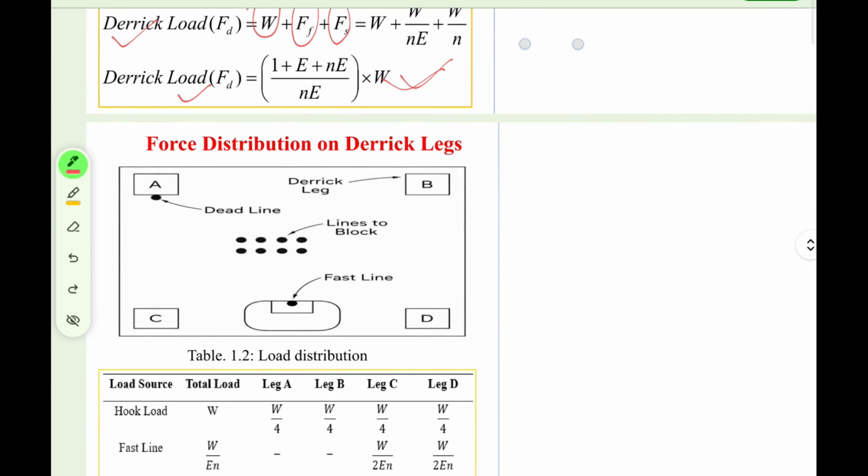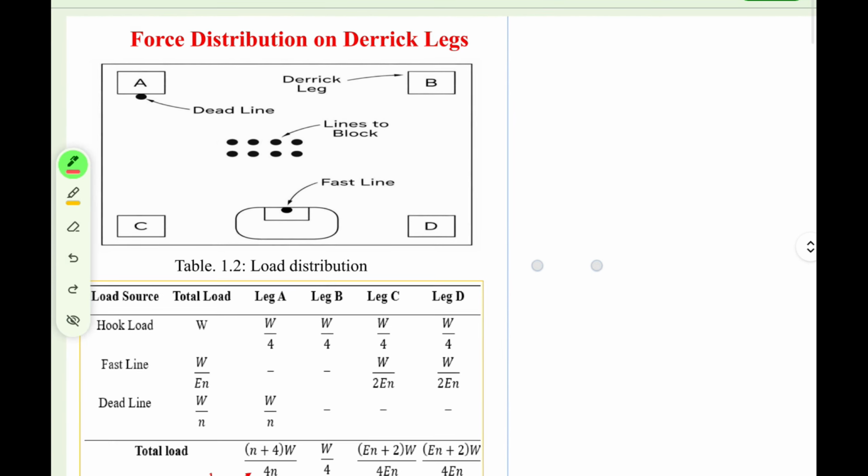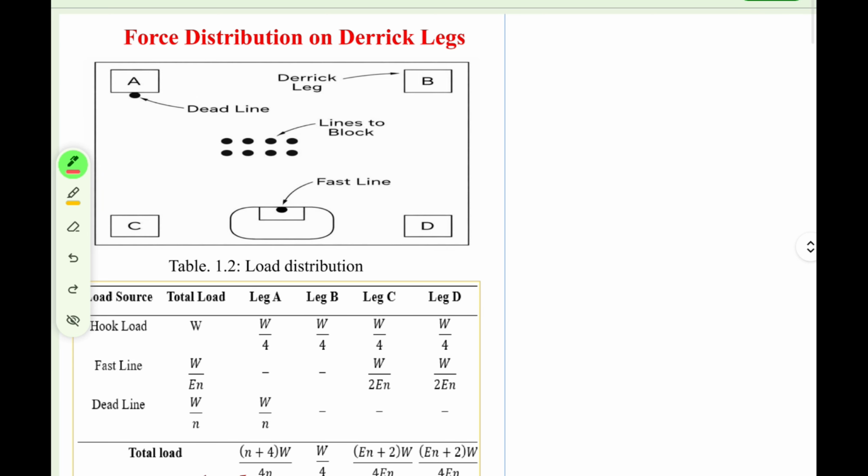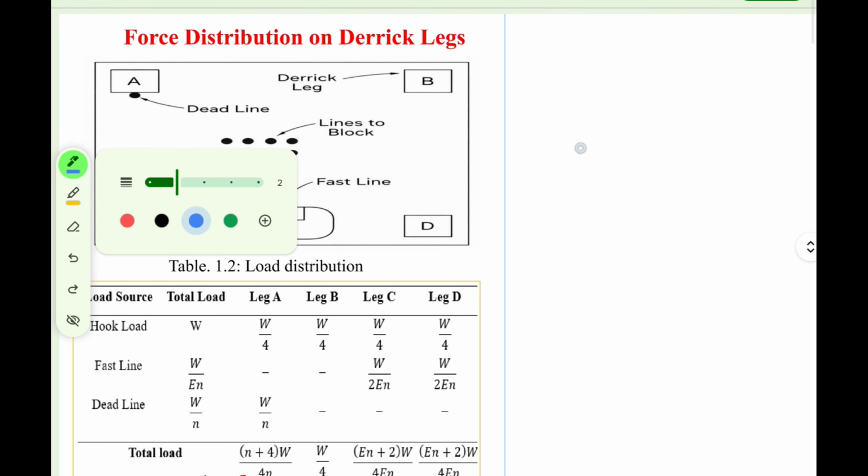Right now we want to understand a very important concept in a hoisting system. That concept is related to load distribution, meaning the force distribution, right? So what does it mean by force distribution or load distribution?